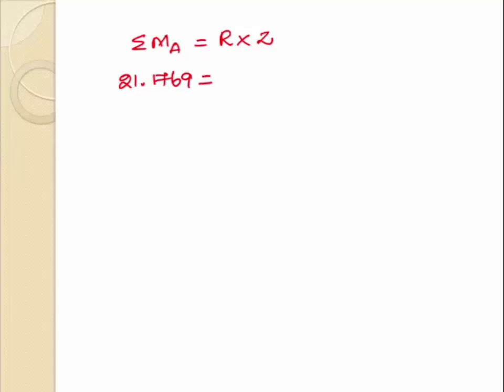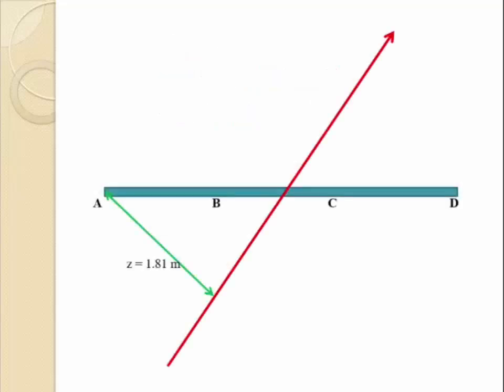We have calculated the magnitude of the resultant force as 11.7105 into the perpendicular distance. So from which we can calculate the value of perpendicular distance between the resultant force and point A as 1.8084 meter.